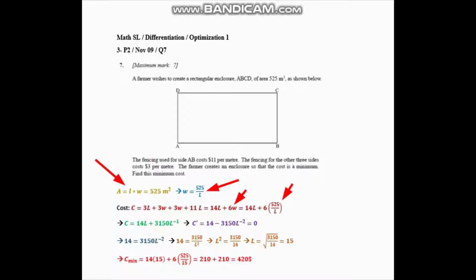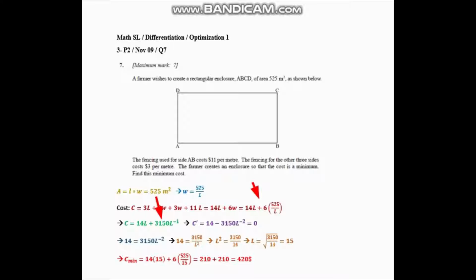So the cost is given by 14L plus 6 times 525 over L, or you can actually do the multiplication on the calculator. 6 times 525 gives you 3150 L to the power of -1.